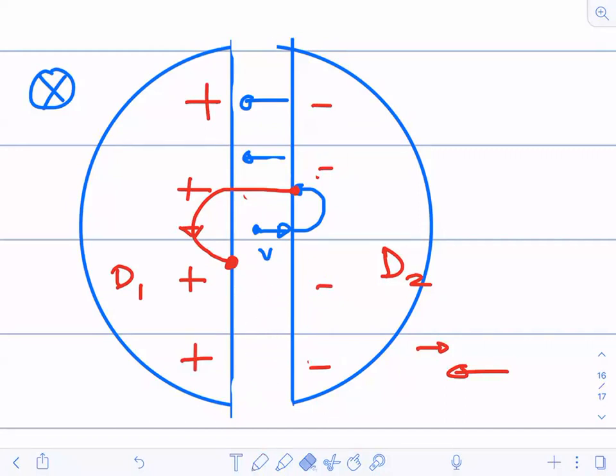Again the electric field will be in the opposite direction. If the electric field is like this, again the charge will move with a greater velocity, and again it will make a greater circle like this.